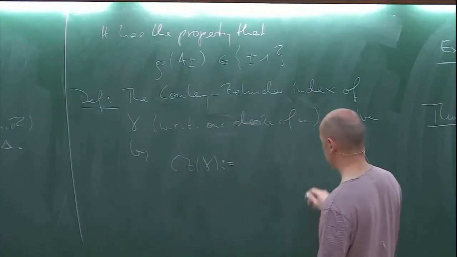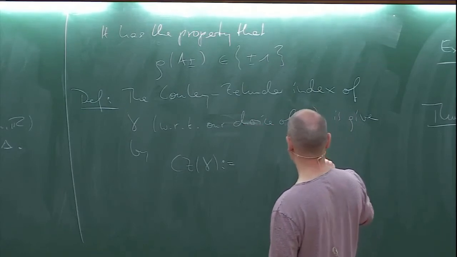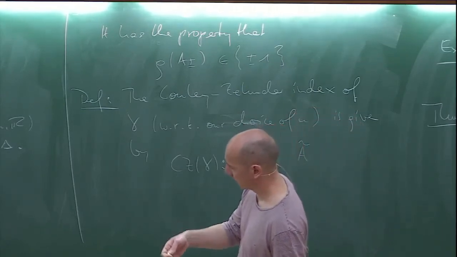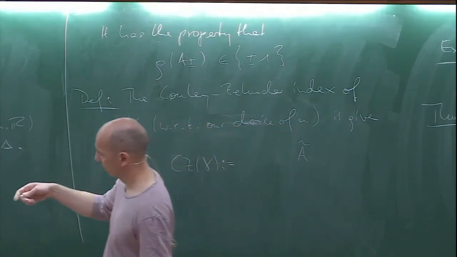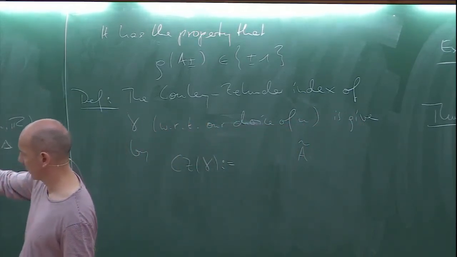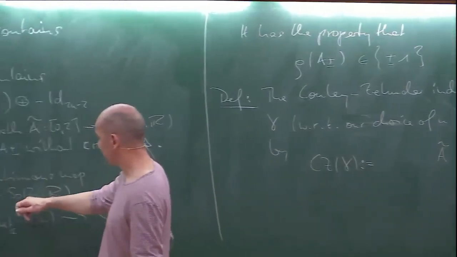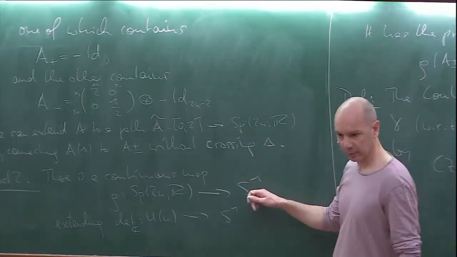We take our path A tilde, so that's a map from [0,1] to the symplectic matrices, which ends at one of these two special ones. And then if we take rho of that path, then it ends at plus or minus 1.